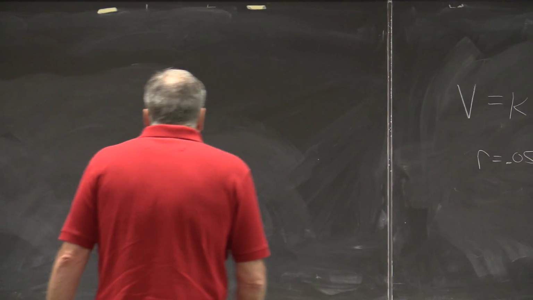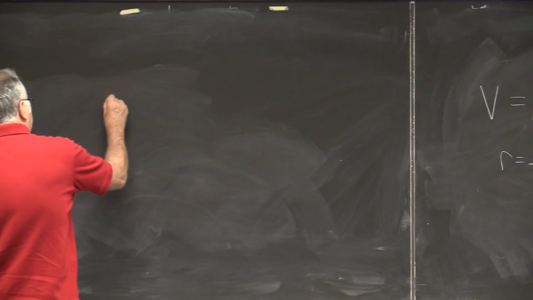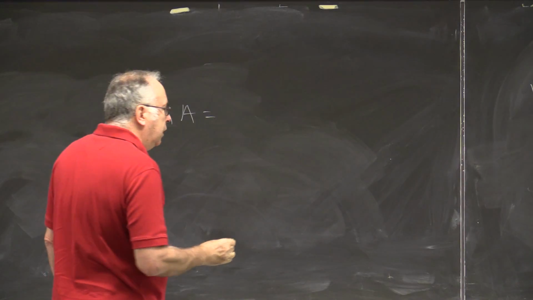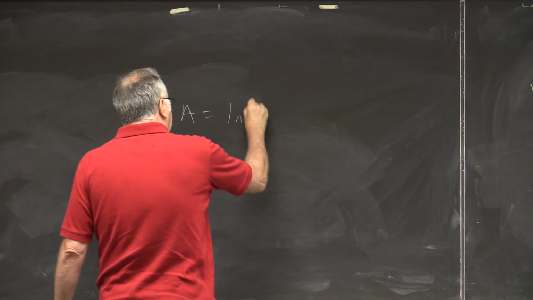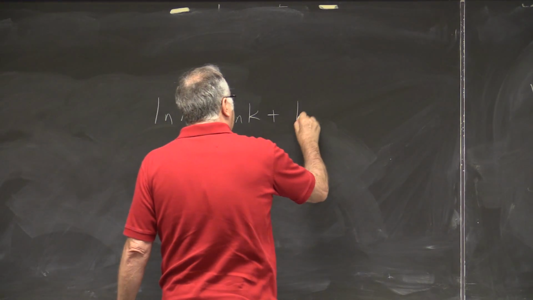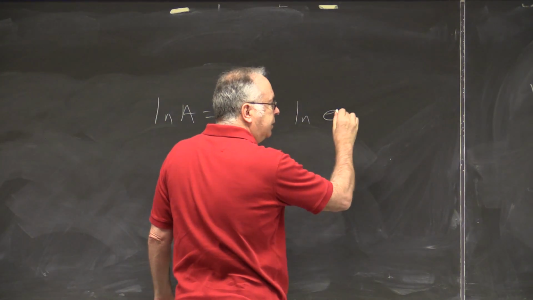Let's take the logarithm of A. The logarithm of A is just going to be the log of K plus the logarithm of e raised to this power.